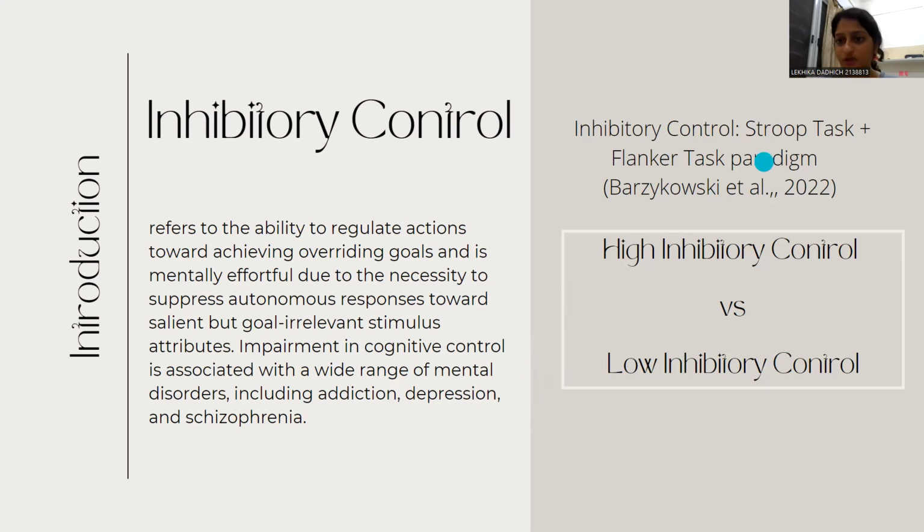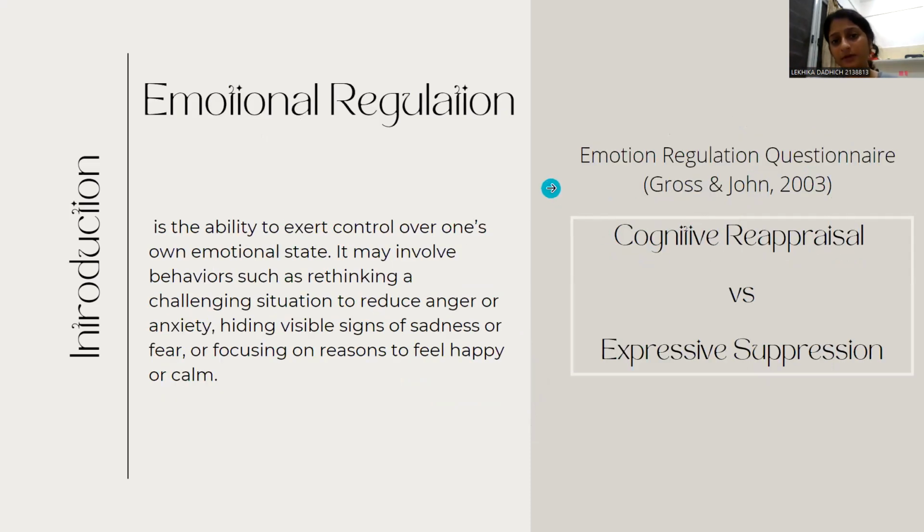It is usually measured by the Stroop task or the flanker task, and I'm following a combined paradigm by Barzikowski et al. The second variable of interest is emotion regulation. I don't think it requires much explanation, but it is our ability to adapt our emotions in order to best fit the situation.